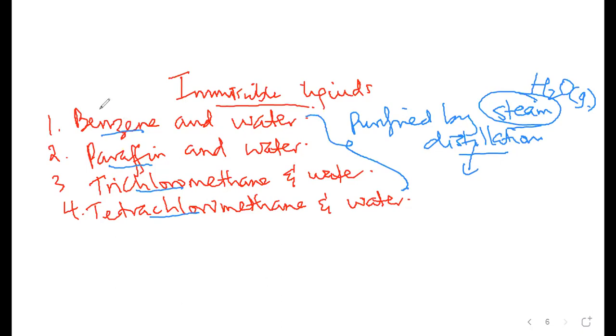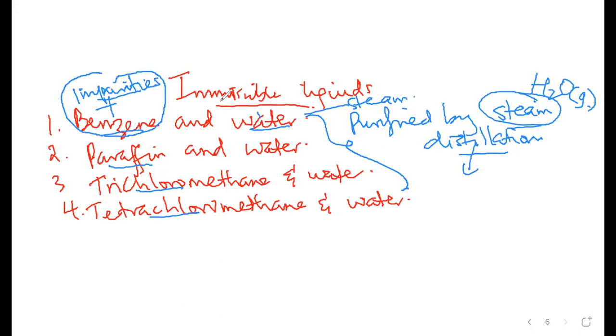Now, when you have benzene mixed with some other impurities, what do we do? What we do is to add water to the mixture of benzene and the other impurities, which water is added to that mixture in form of steam.